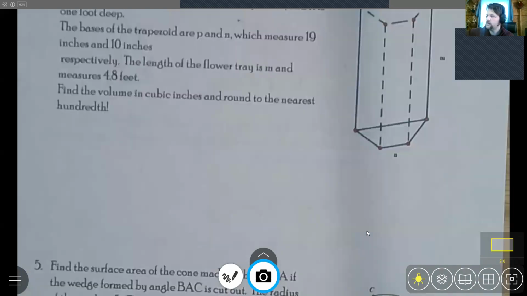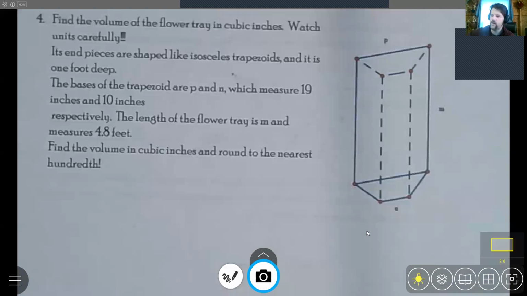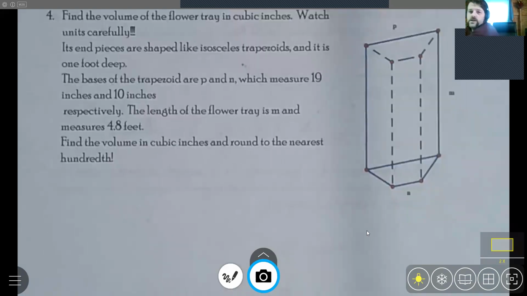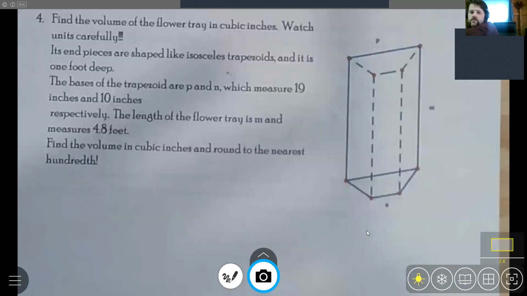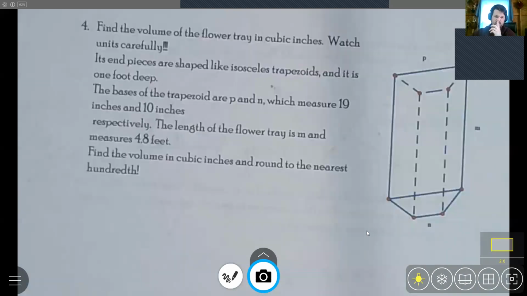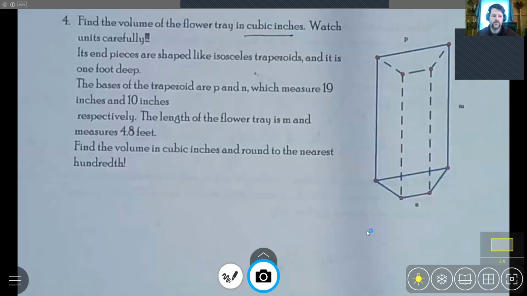Okay, this one next. Find the volume of the flower tray. So I'm just trying to adjust my document camera here. Find the volume of the flower tray in cubic inches. Cubic inches. Watch units carefully. Its end pieces are shaped like isosceles trapezoids and it's 1 foot deep.